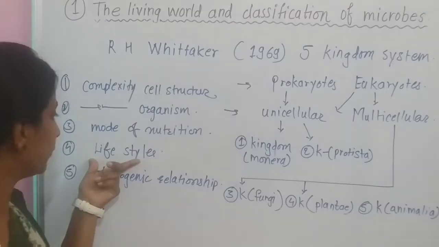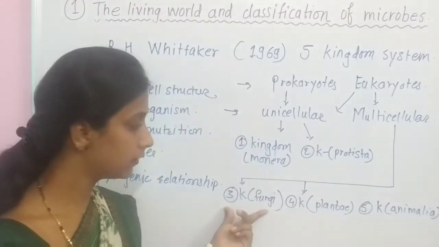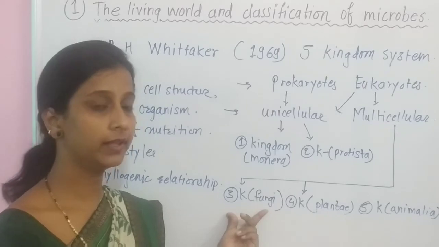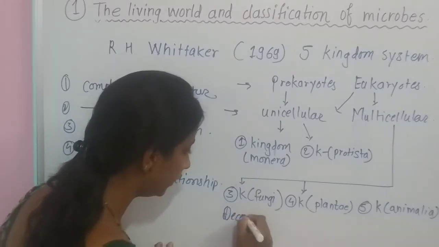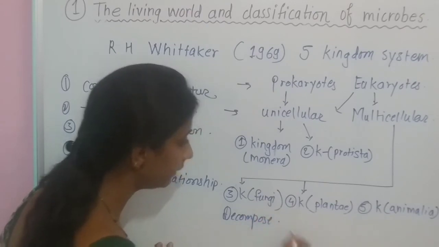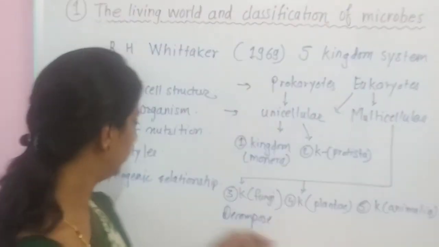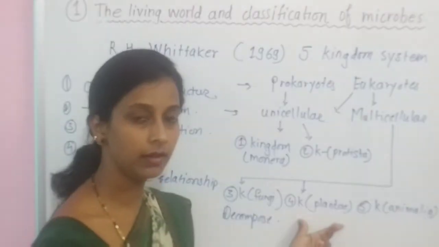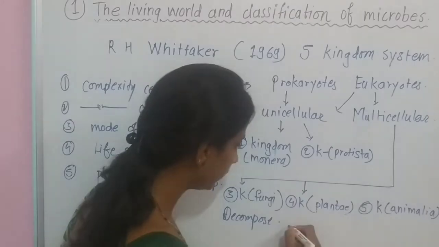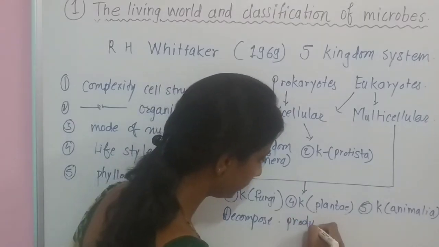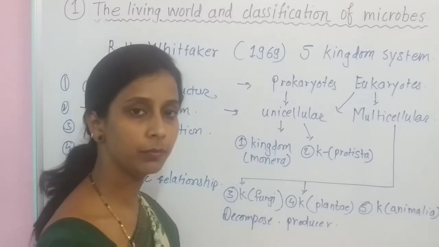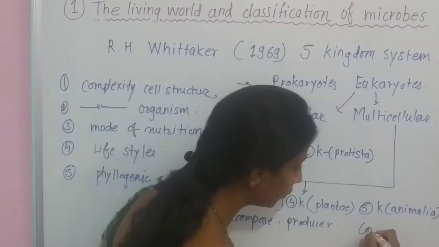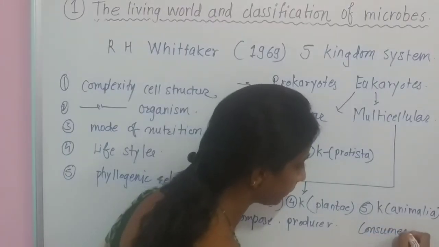Next comes lifestyle. Fungi depend upon dead material, so they are decomposers. Plants make their own food, so they are producers. And last, Animalia depend upon other living or non-living things, so they are consumers.